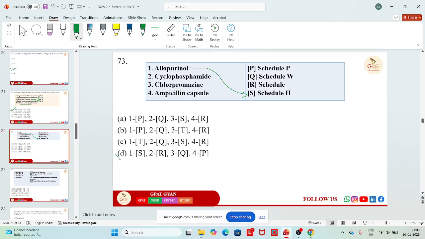So option D. 2 is for R. This will be Schedule G. Cyclophosphamide will be Schedule G. 3Q. Chlorpromazine is for Schedule W. And ampicillin capsule is Schedule P. Life period.